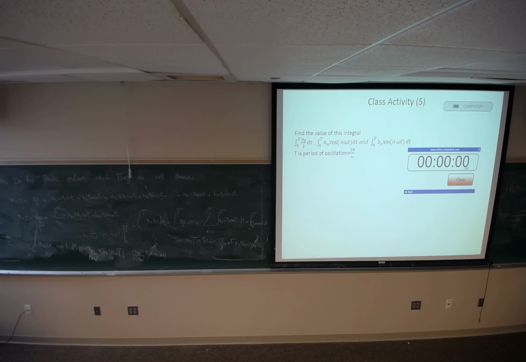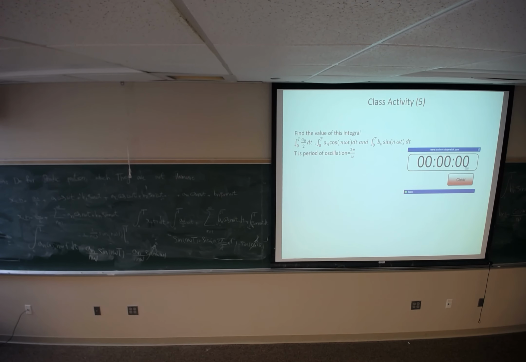Good? If you differentiate cosine, it's going to be negative sine. That negative can be cancelled out by this, so it's going to change to positive. Sine of n omega t times n omega, this n omega can be cancelled out with that coefficient. We will get Bn sine of n omega t.